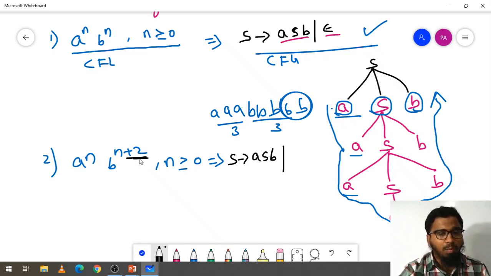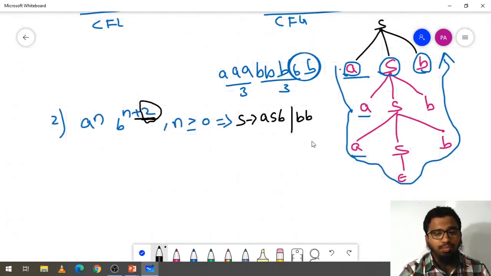Whatever the number is, that many times you need to write b here. Why am I writing b twice? Because here it is 2. If we have 3 here, you need to write b, b, b. Okay. So this is the grammar. So let's check it out.